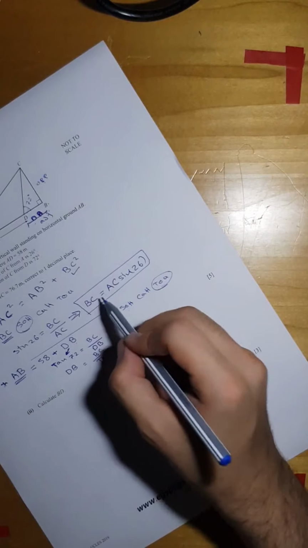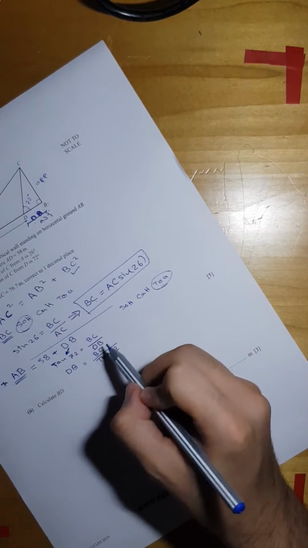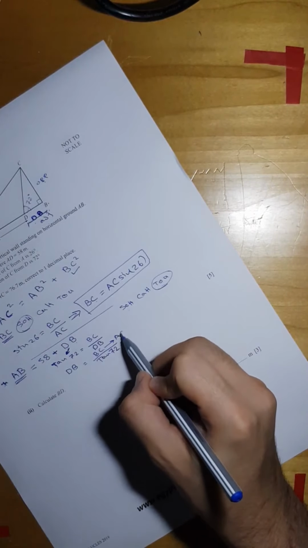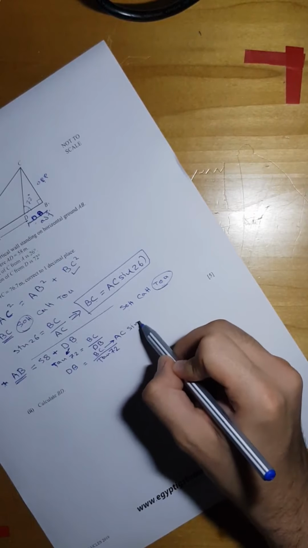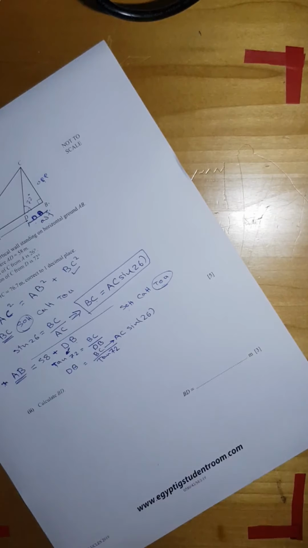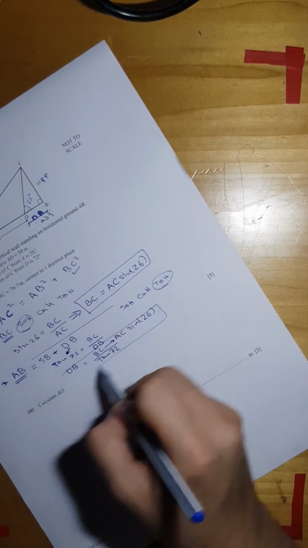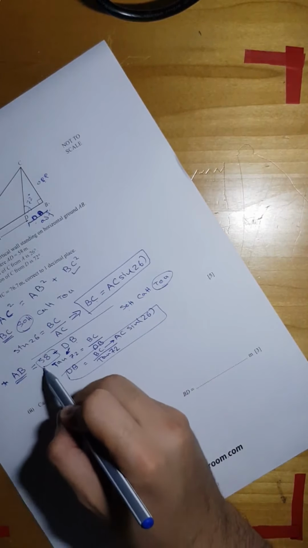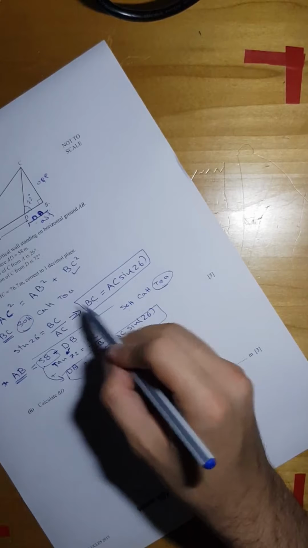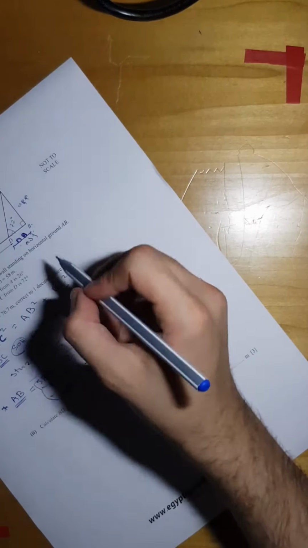And we know from the first equation that BC equals AC sine 26. We're gonna substitute this equation, this part over here and this one, into this equation, so it should look something like that.